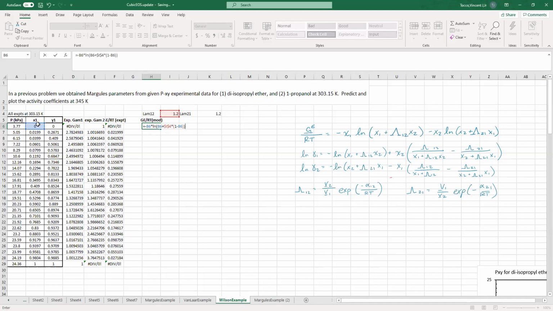Okay, close that parenthesis, minus X2, so 1 minus X1 again, times ln of X2, 1 minus X1, plus lambda 2,1 times X1.